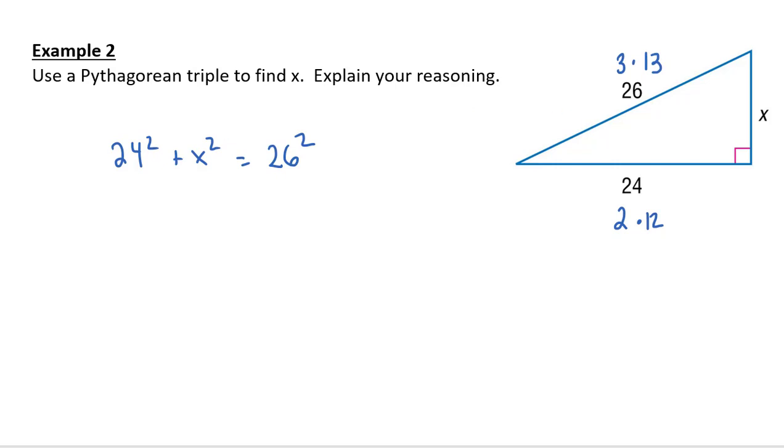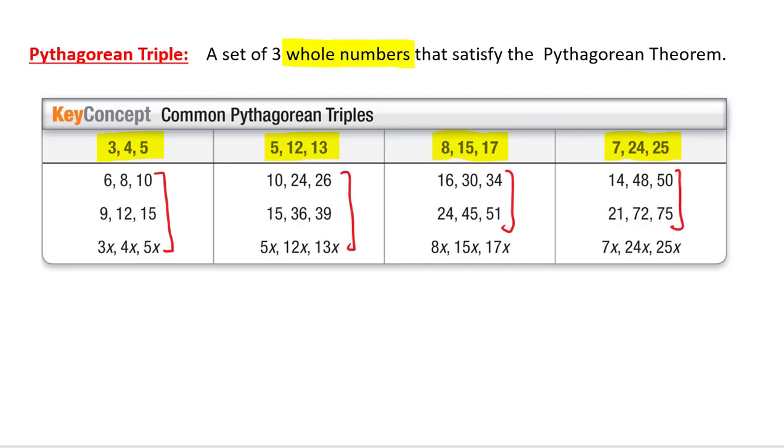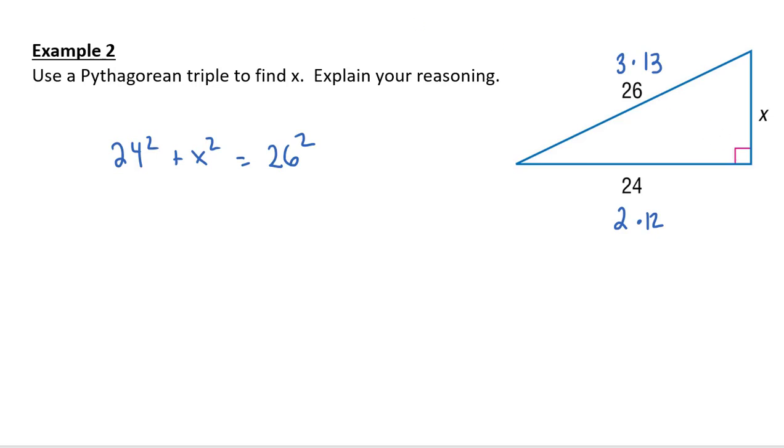Let's go back to my Pythagorean triples. Do I have some of them? I have right here a 5, 12, 13. So the third side is 5 times x. And I realize I have a mistake here. This isn't 3 times 13, that's 2 times 13.